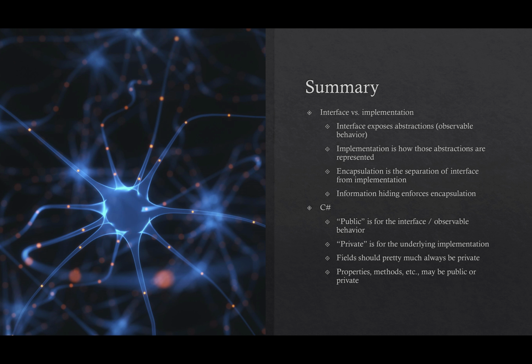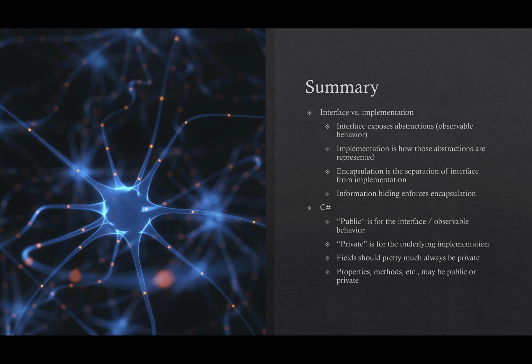In C#, the public and private keywords are how you do information hiding. Public is for the interface, the observable behavior, and private is for the underlying implementation. And there are some general guidelines, namely that fields should pretty much always be private because they don't have any facility for enforcing boundaries. You can't control how a field is modified if it's public.